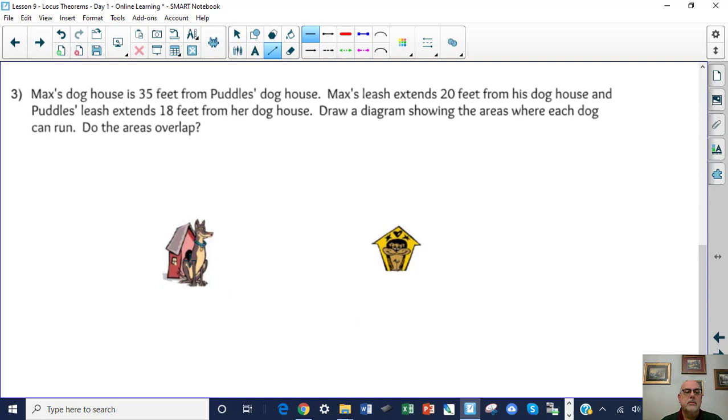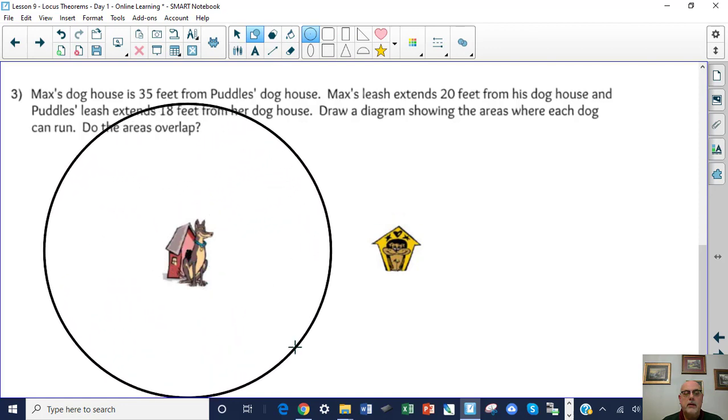Max's doghouse is 35 feet from Puddles. I guess which one is Max. So anyway, Max's leash extends 20 feet from his doghouse, and Puddles' leash extends 18 feet. Draw a diagram showing the areas where each dog can run. Well, the distance is 35 feet. The distance from Max out is going to be 20, so it's going to be more than halfway. So if I were to draw a circle, I'm going to go a little more than halfway.